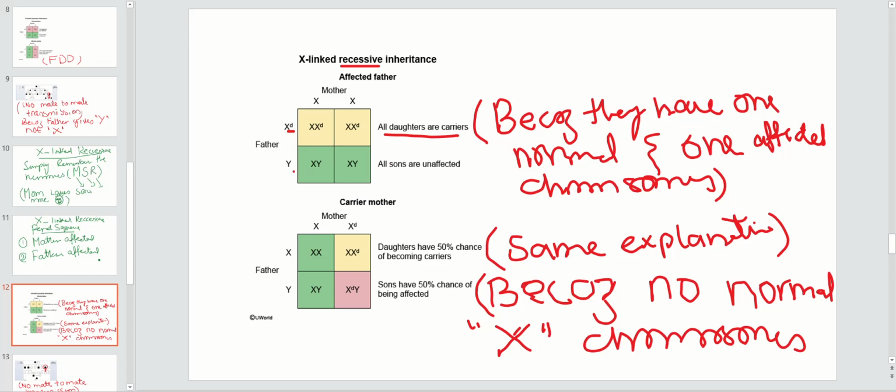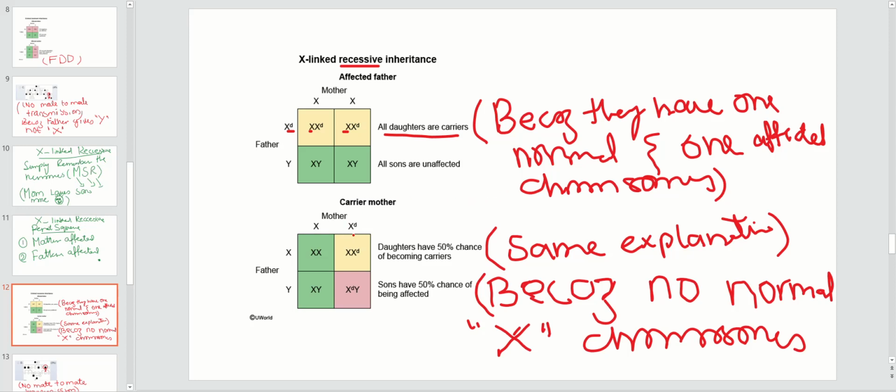Again, the same thing, that fathers are giving Y chromosomes to the boy, right? So you understand this one. And why are the daughters carriers in case of recessive, as I told you? Because they have one normal chromosome. So this one is the normal, which is coming from the mother, which can counteract the effect of the disease chromosome. That is why the daughter becomes a carrier and not affected, right?